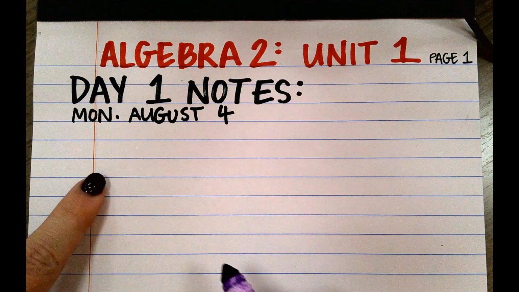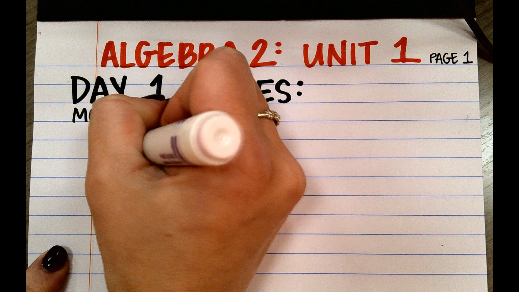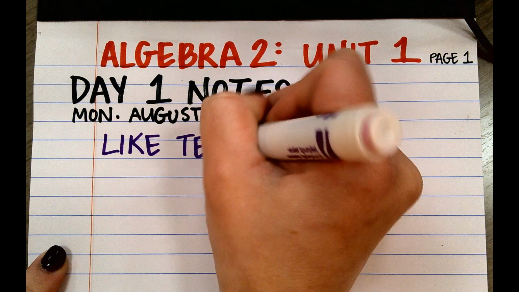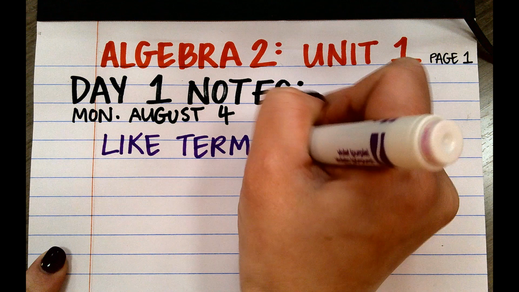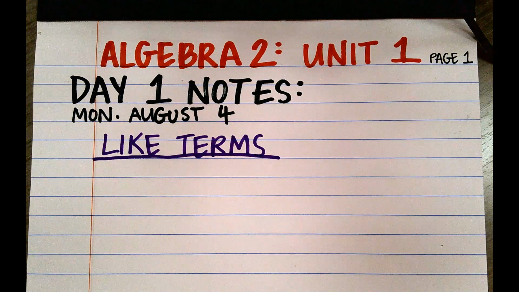So the first thing I want us to talk about is something called like terms. Yes, like terms. Do any of you know what a like term is? It's two terms with the same negative and positive.